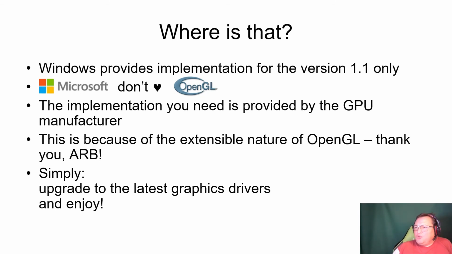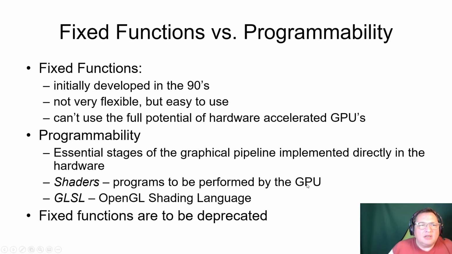Okay, there is one more important topic to discuss, and this is the so-called fixed functionality and programmable pipeline. What are fixed functions? Fixed functions are what was initially developed for OpenGL in the 90s, a long time ago. They are not very flexible, but very easy to use.